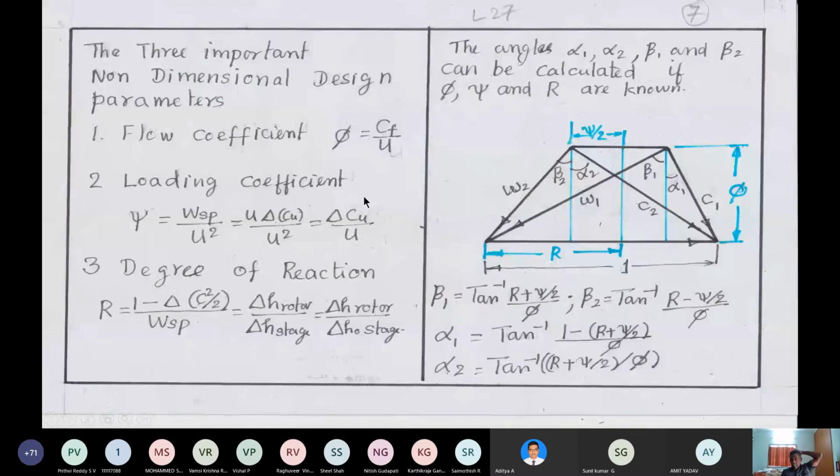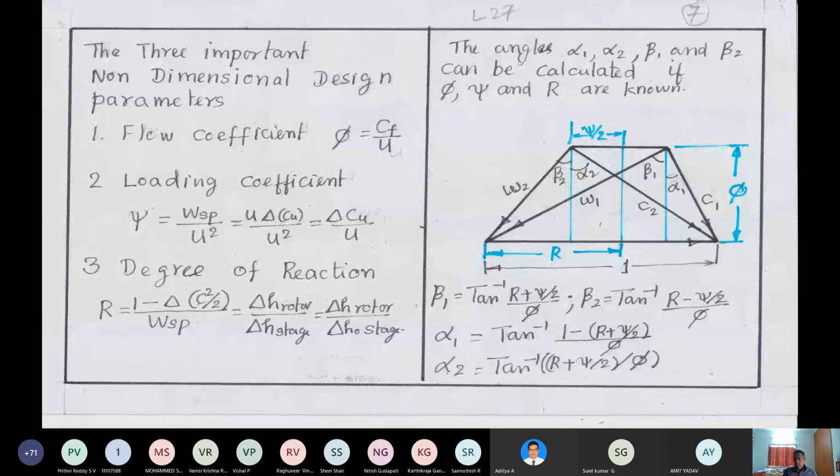Now here the 4 angles are represented by the non-dimensional design parameters phi, psi, and R. This is fairly important because from design considerations, you have phi limited to some range, psi limited to some range, and you may choose a degree of reaction equal to 0.5.